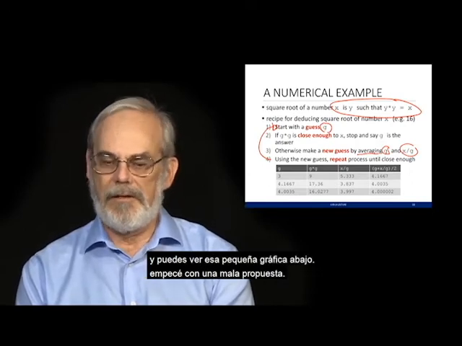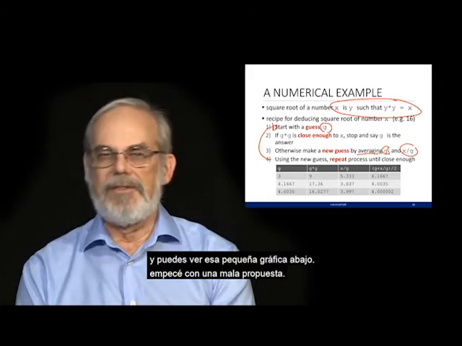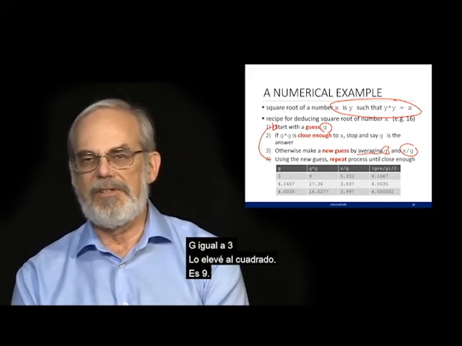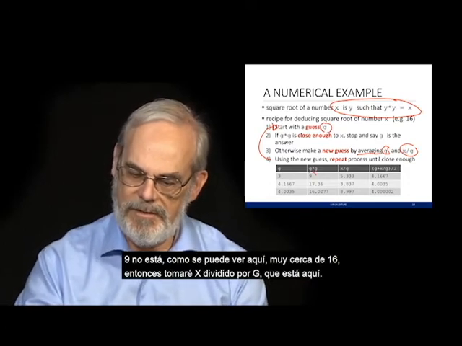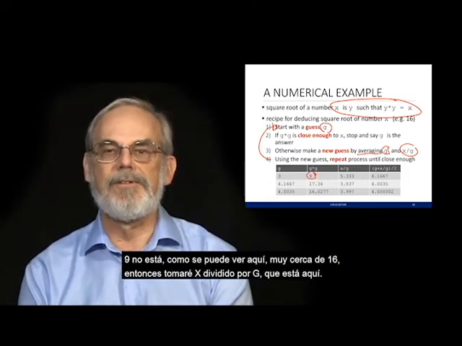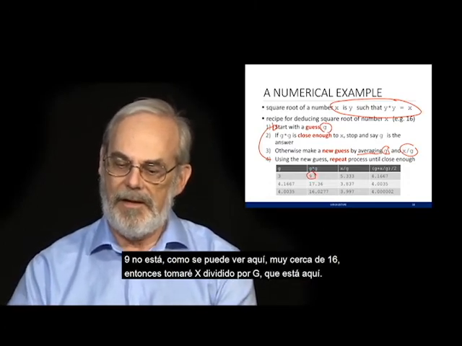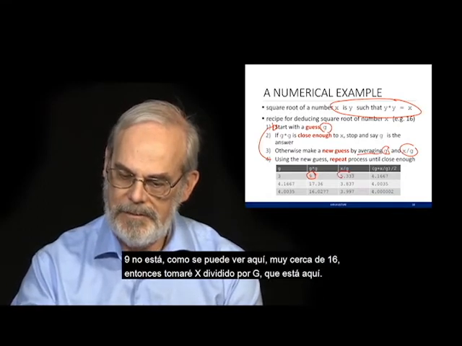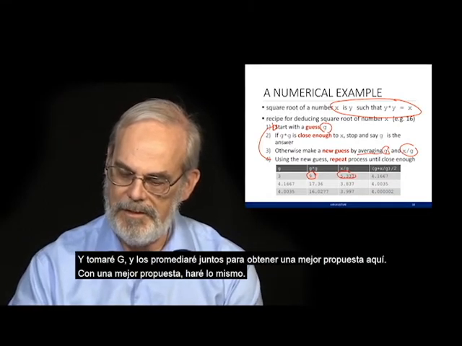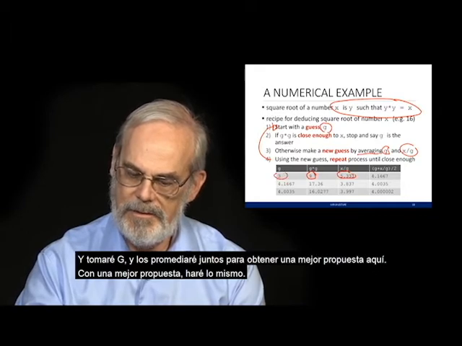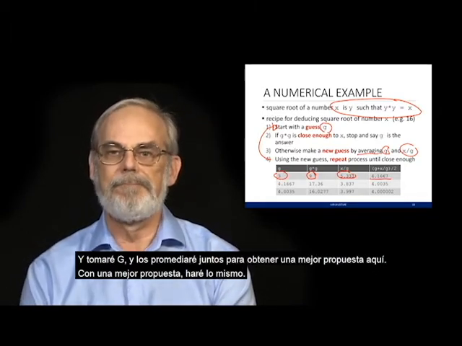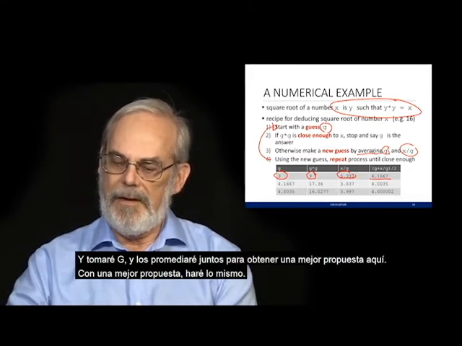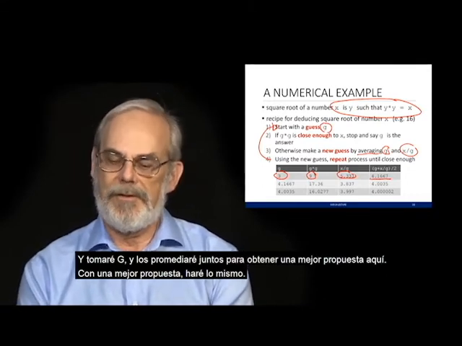And you can see that in a little graph at the bottom. I start with not a very good guess. g is equal to 3. I square it. That's 9. 9 is not, as you can see here, very close to 16. So I'm going to take x divided by g, which is right there, and I'm going to take g, and I'm going to average them together to get a better guess, right there. With that better guess, I'm now going to do the same thing.